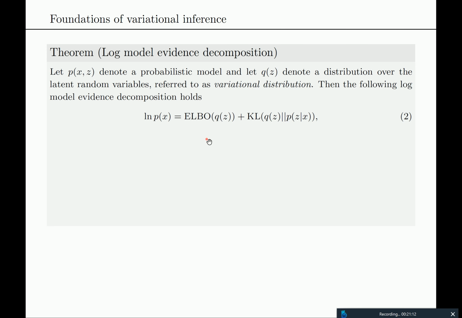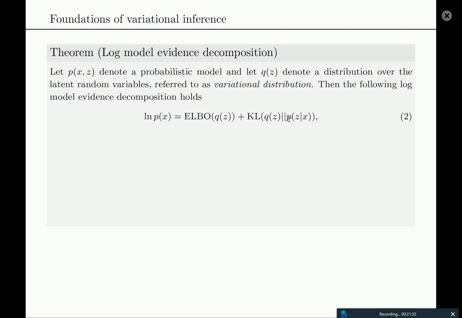Well, first of all, they require what is known as a variational distribution, usually denoted by Q. So Q(Z) is a distribution over Z. For now, it's an arbitrary distribution.